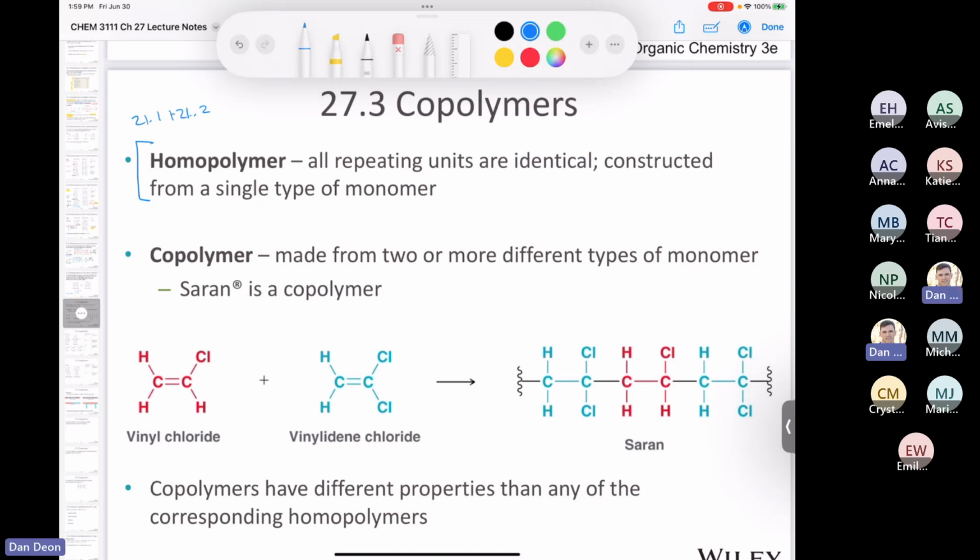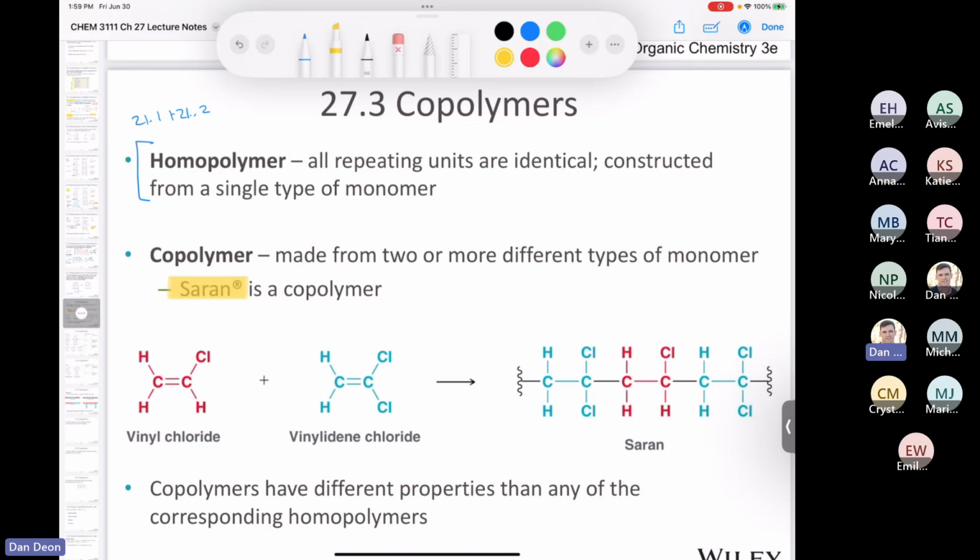Well, if you mix two different monomers together, you get what's called a copolymer. And one that everybody is familiar with is saran. Okay, I know you've all heard of saran wrap. Well, saran is a trade name of a polymer. It's a polymer of vinyl chloride and vinylidene chloride. And what's interesting is if you make a polymer of vinyl chloride and a polymer of vinylidene chloride, they have their own properties, each one of them.